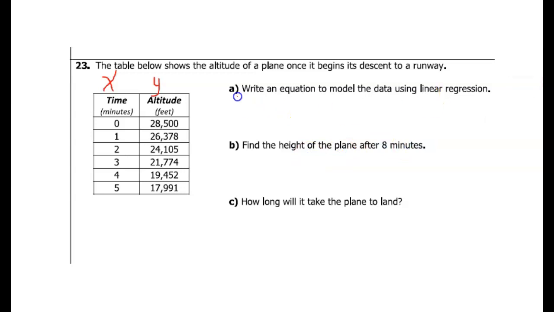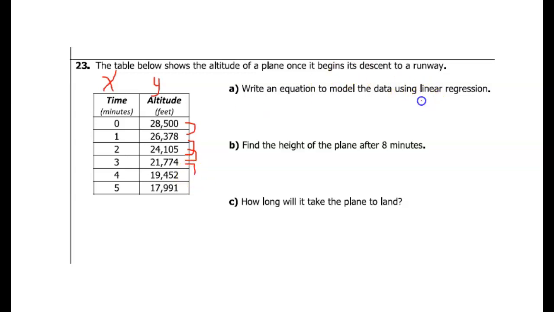With that being said, we're going to write an equation to model the data using linear regression. If some of you have checked these points, you realize this is not a perfect descent. This is not a perfect linear descent.